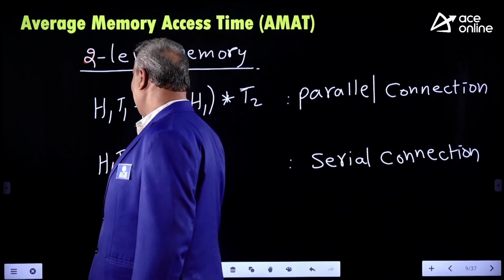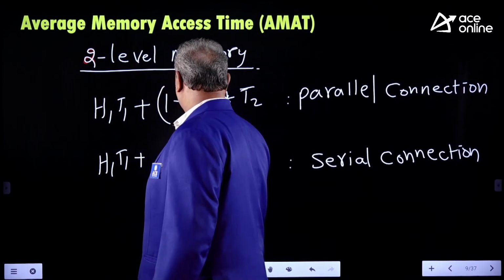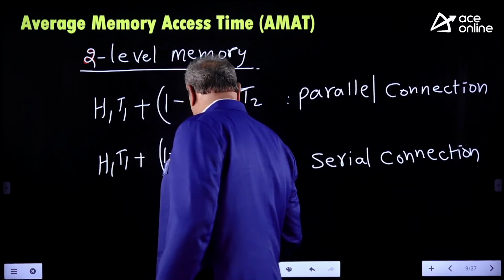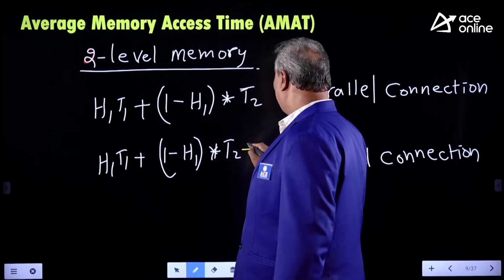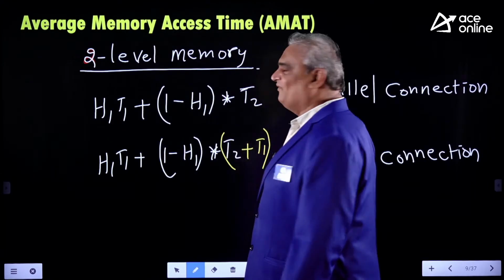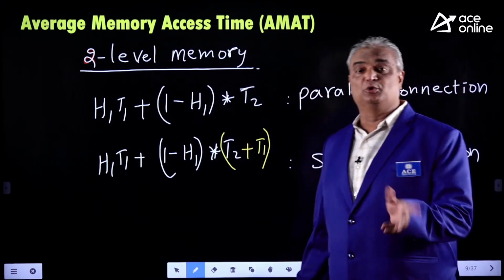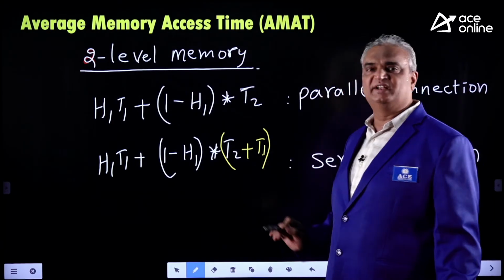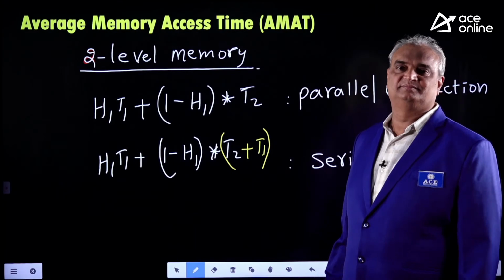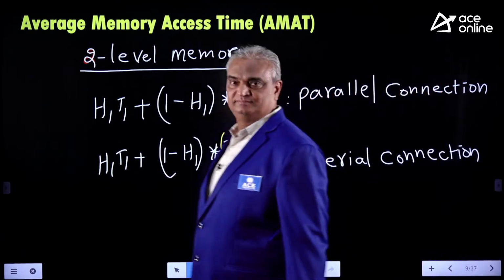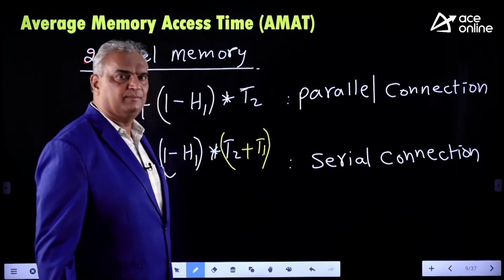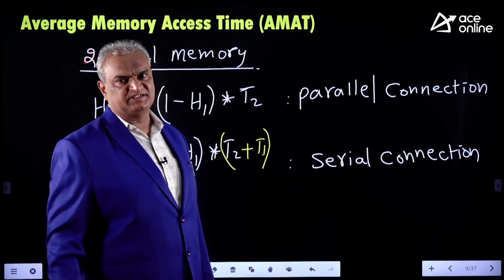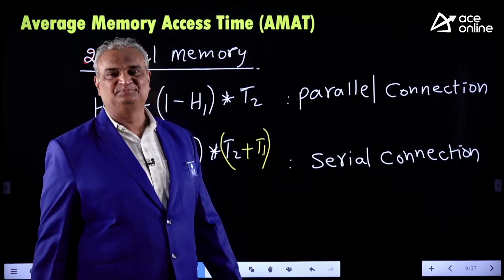H1 T1, there is no second doubt, plus (1 minus H1) into (T2 plus T1), because first the word is supplied from L2 to L1, and then only from L1 memory to processor. That's why it is also needed to add T1. It is for serial connection. Suppose the type of connection is not given in the question, by default it is parallel connection.